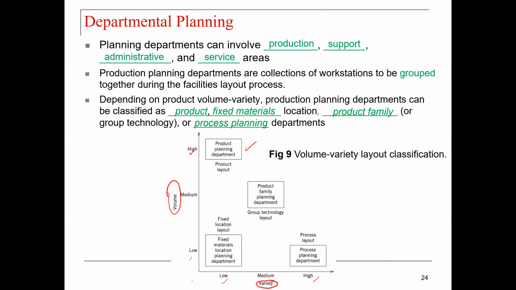If both of them are low, then the fixed location layout, like for example, if you're producing an airplane, so volume is low, variety is low, so you most likely are going to be bringing everything to the location to put together that airplane. And then in the middle, we have the product family planning department, in which we have a variety that is medium and volume is also medium.